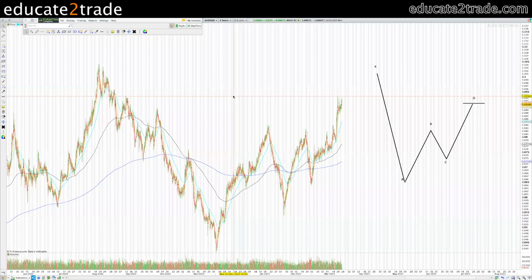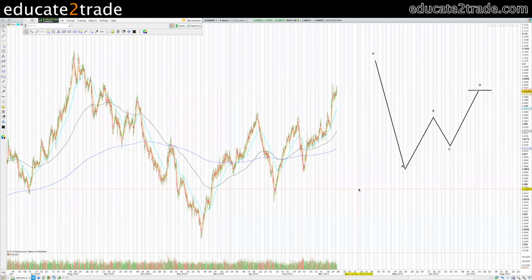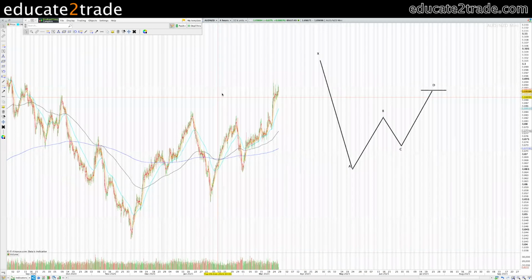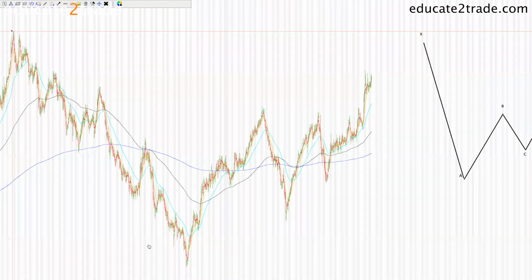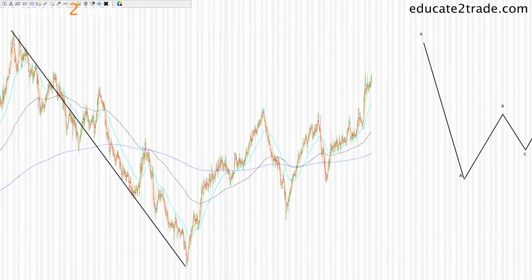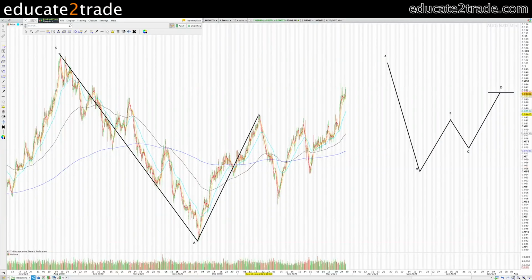Can you see what I'm seeing here? Forget the moving averages, that's just another thing, but can you see how this is connected? Right, let's draw this in. X, A, yeah? Point X, point A. A, B. What's next?